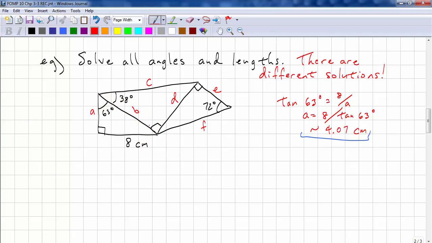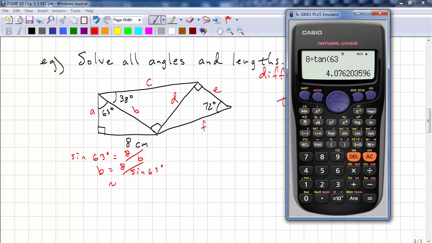Next, we can solve for B. We have opposite over hypotenuse. Sine 63 equals 8 over B. B equals 8 divided by sine 63, and that's approximately 8.98.